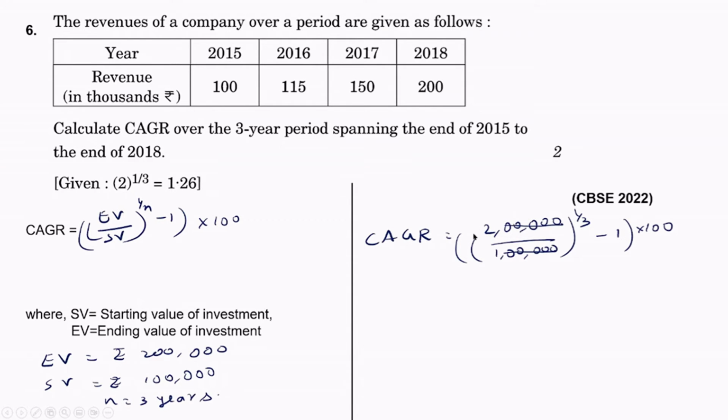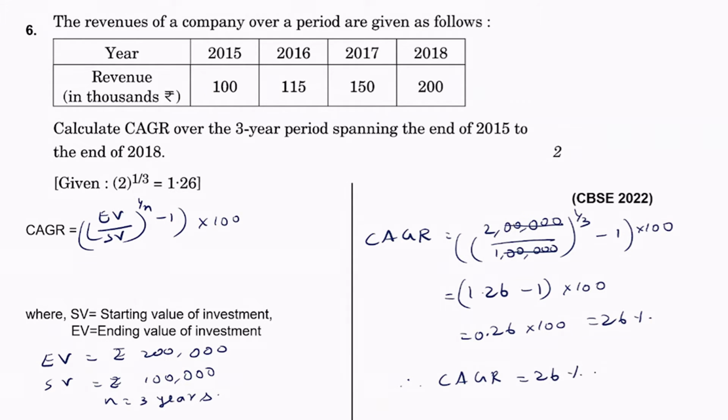So here we have 2 raised to 1 by 3, which is 1.26. So this is 1.26 minus 1 into 100, which is 0.26 into 100, which is 26%. Therefore, compound annual growth rate is equal to 26%. So here again writing the formula carries 1 mark, substituting the values and getting the final answer carries 1 mark.